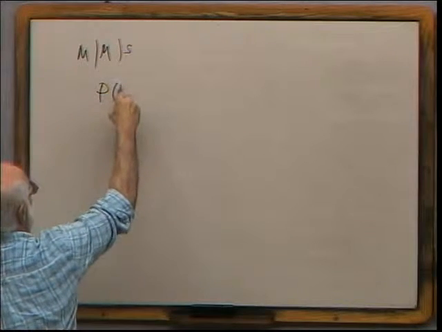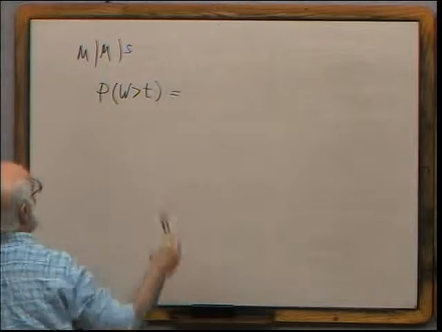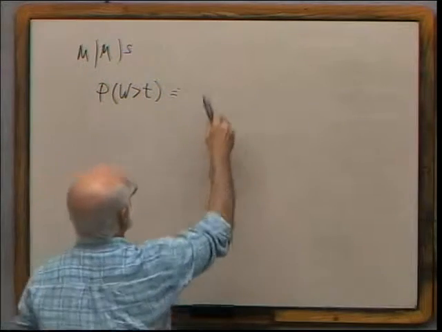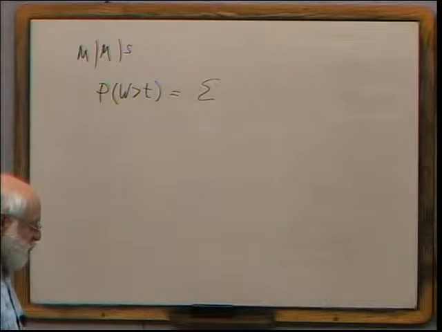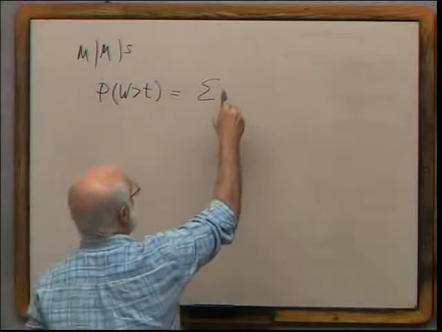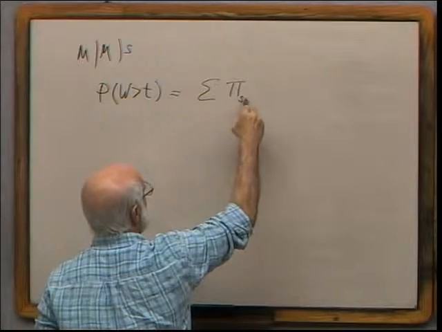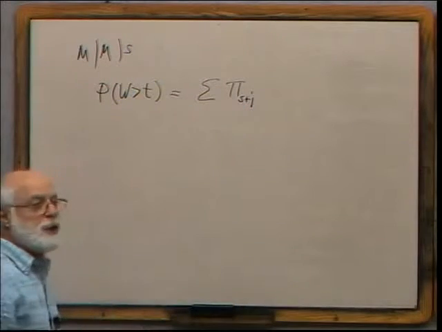To do that, we started by calculating the probability that the customer waits longer than t. And we started with the theorem of total probability, which says that the probability that he waits longer than t is the probability that when he arrives, he finds all servers busy and j customers waiting in the queue in front of him.